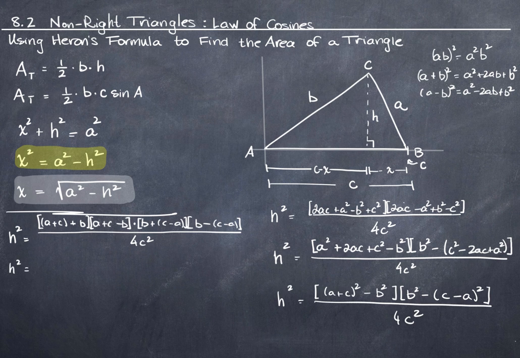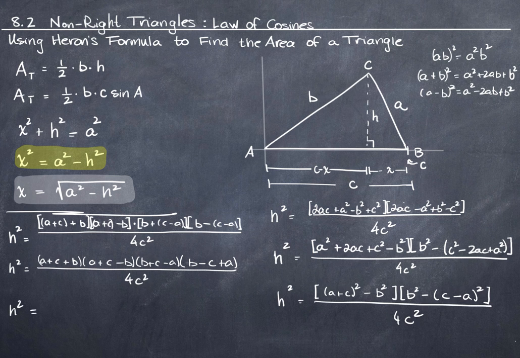And so now I'm removing the parentheses and distributing where that's appropriate. I have a plus c plus b times a plus c minus b times b plus c minus a, and then the last one is b minus c plus a by distributing that negative, over 4c squared.